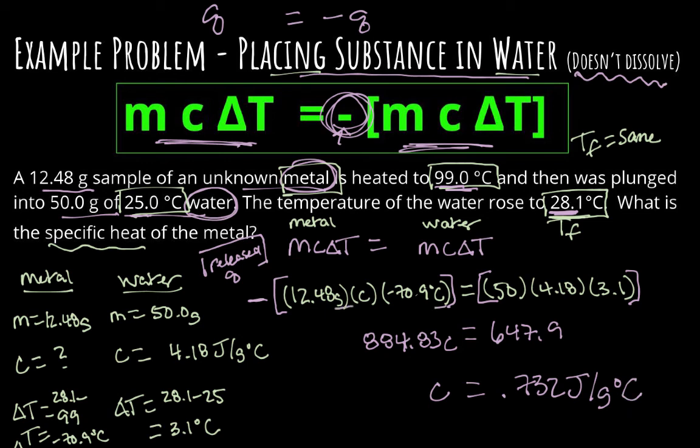Okay, so that's how you would end up with your specific heat. And then you could use that if you wanted to go look up and see what metal that was.